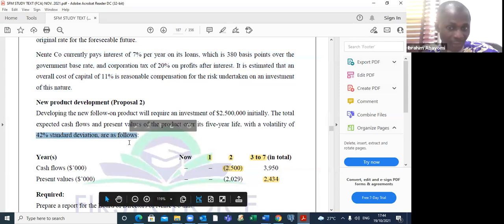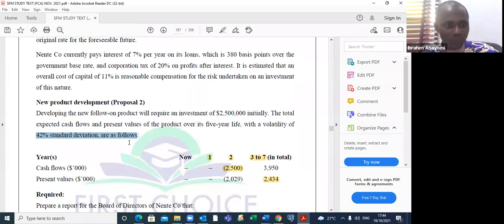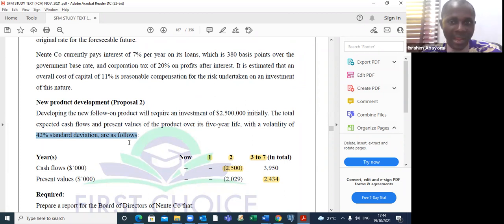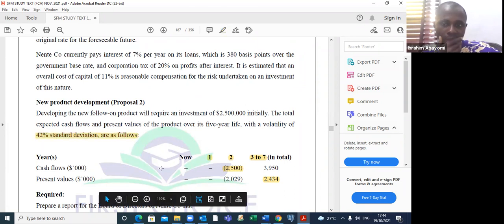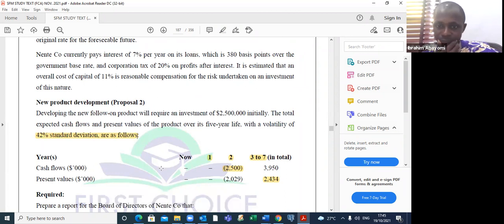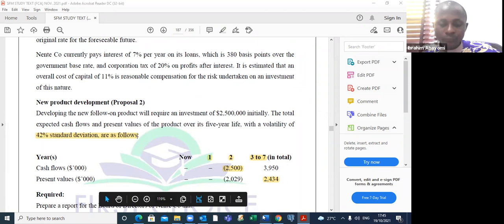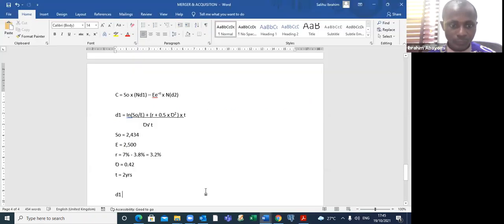I see, you don't have your question with you. The one highlighted there, that's the standard deviation. Okay, are you okay? Yes, sir. So let's continue.